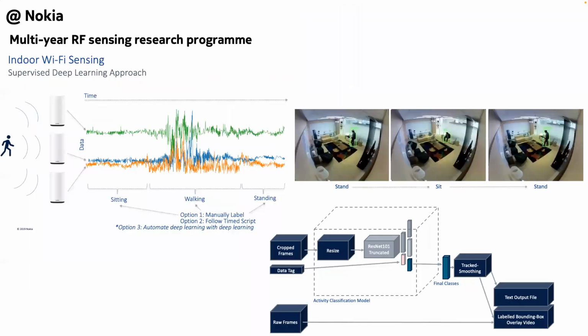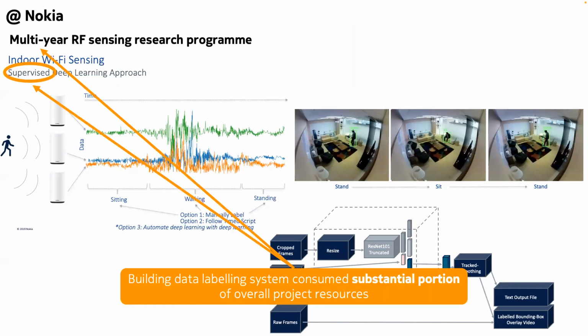We at Nokia have had a bit of experience ourselves in the indoor radio sensing space. Specifically, our team in Sunnyvale have spent quite a bit of time building and automating flows for supervised machine learning for radio sensing.